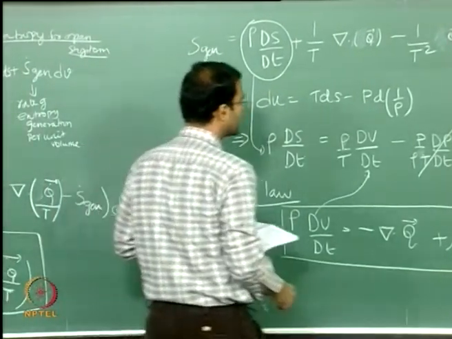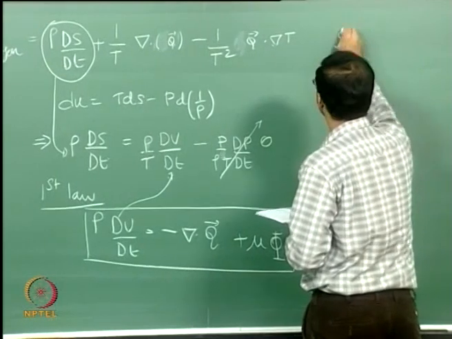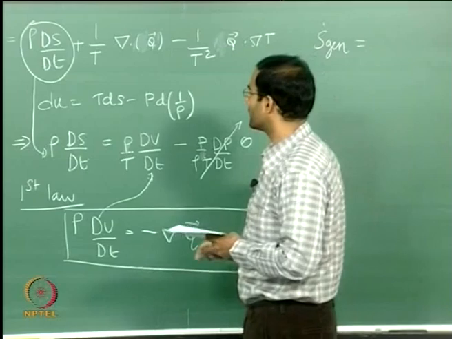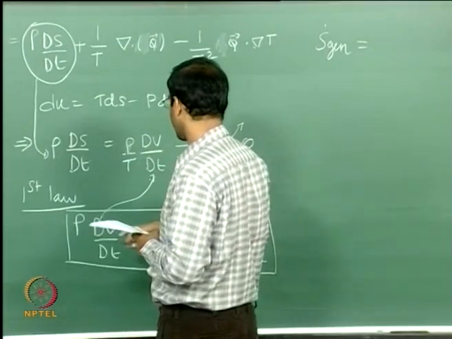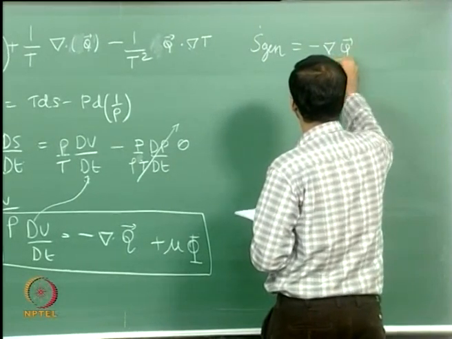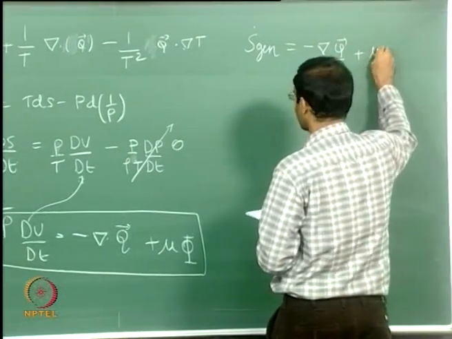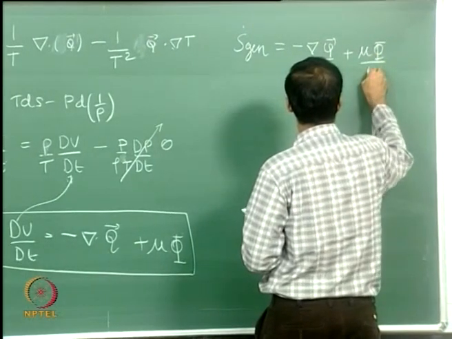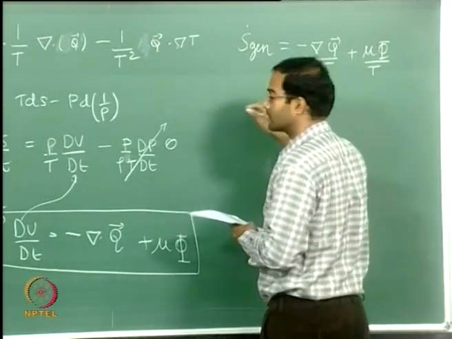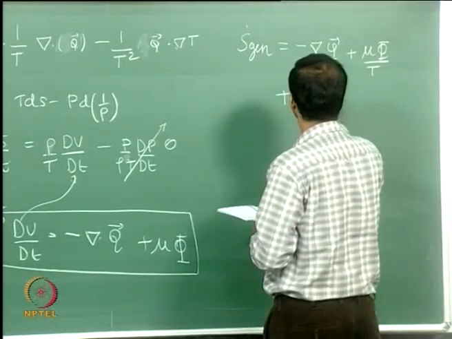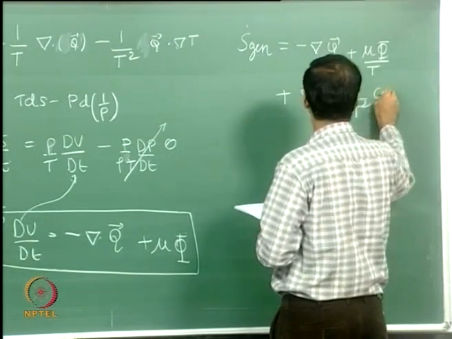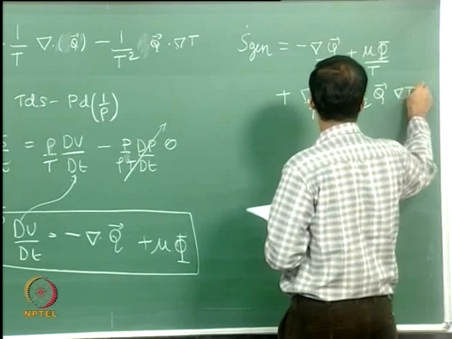So the resulting expression will be s dot gen, which will be basically rho ds by dt, which is nothing but rho by T du by dt, which will be minus del dot q by T plus mu phi by T. So that is this term, plus you have these two terms, plus del dot q by T minus 1 by T square q dot del T.